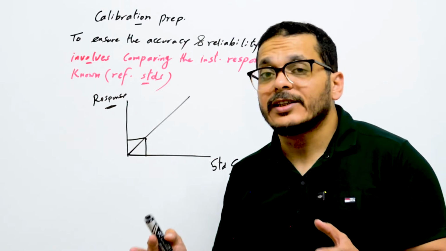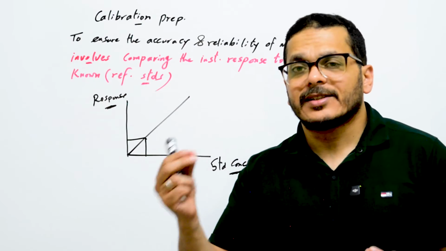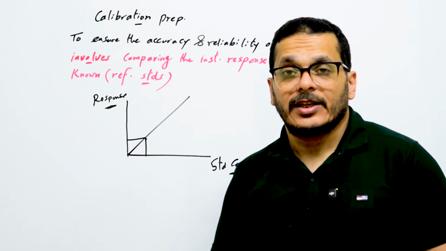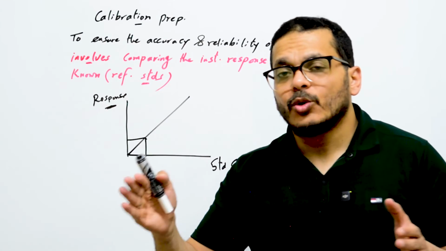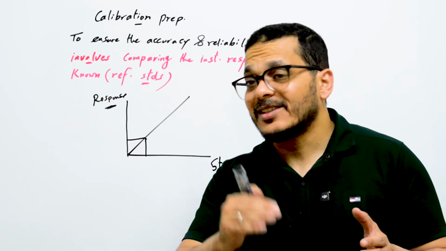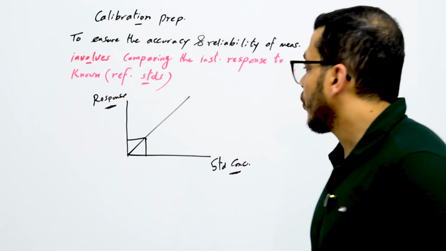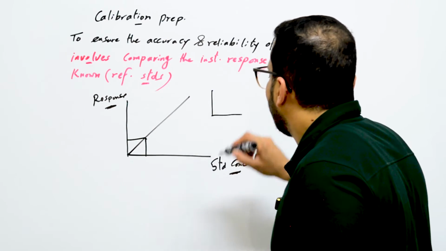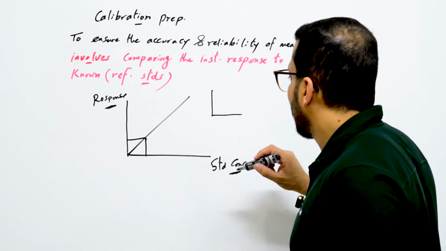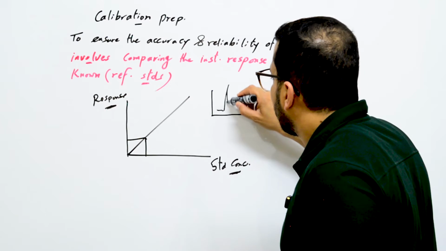So for your target analytes, you will prepare some standard concentrations. You have some standards, and you will prepare standard concentrations, different concentrations, and you will run them on the instrument. For each standard concentration that you run, you will get a peak.